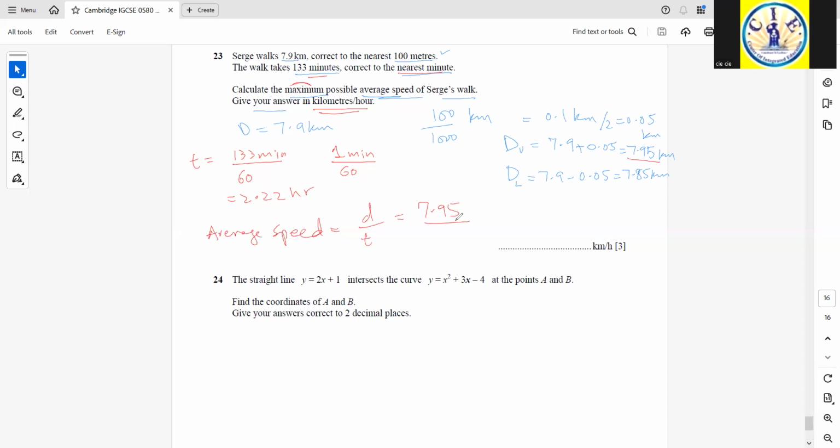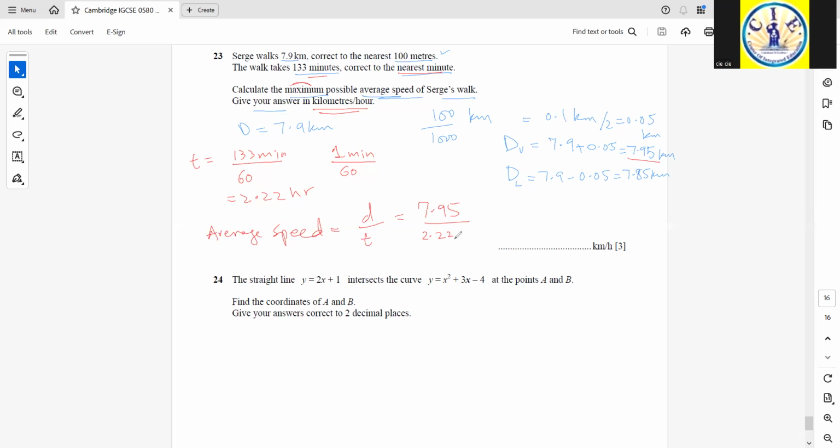So when I divide it by 2.22 plus 0.5 times 1 divided by 60, this is the time, and I need to have its minimum possible value to have the maximum answer for this.